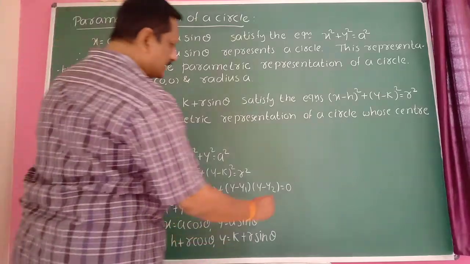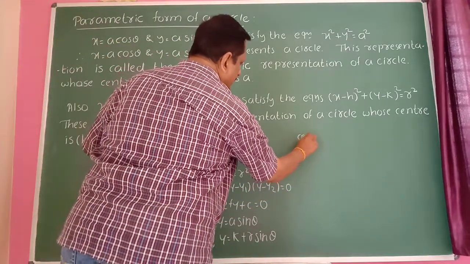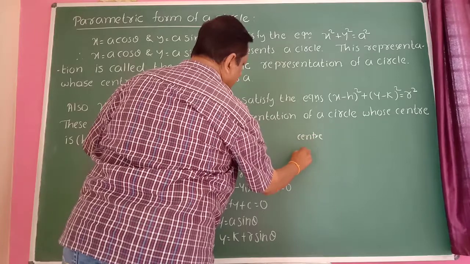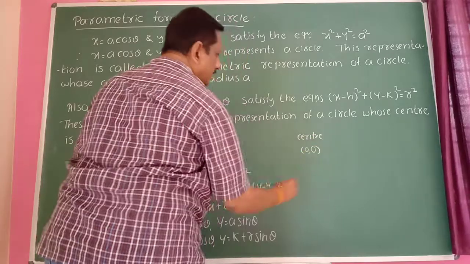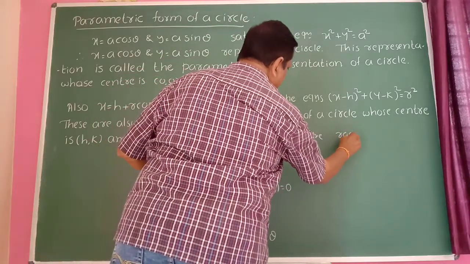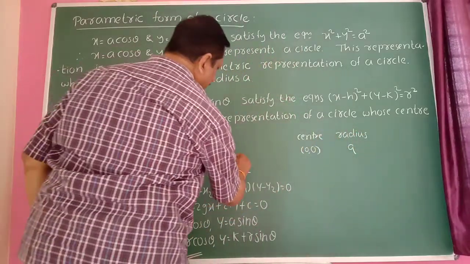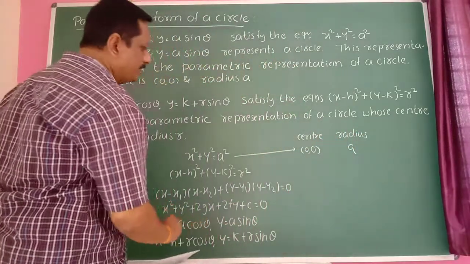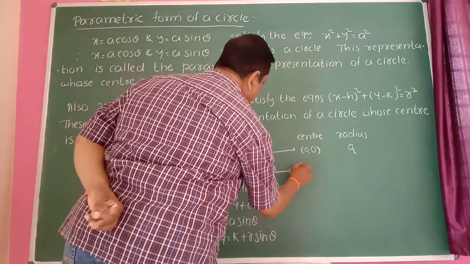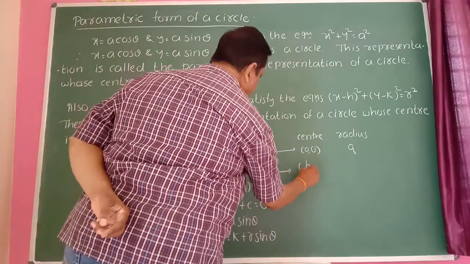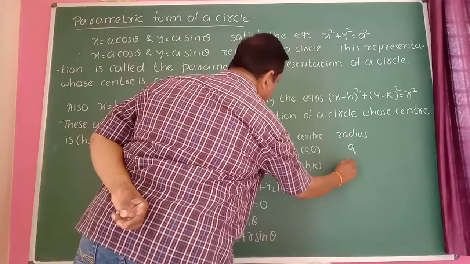In the first case the center is the origin and radius is a. For the second circle, the center is (h, k) and the radius is r.